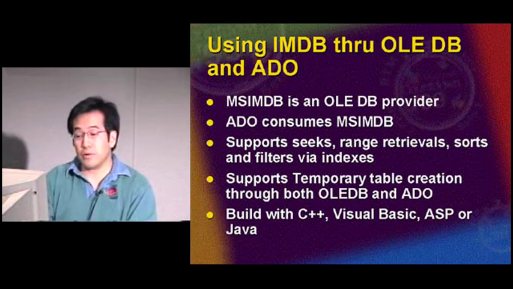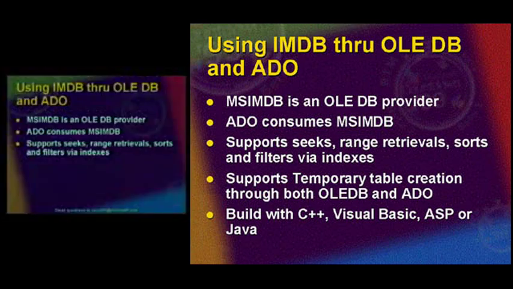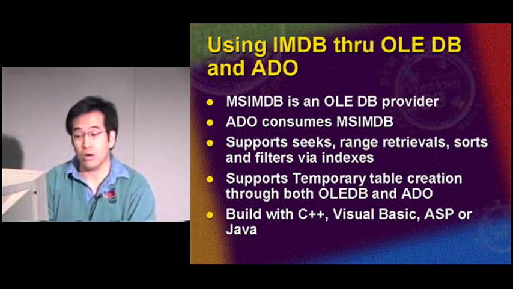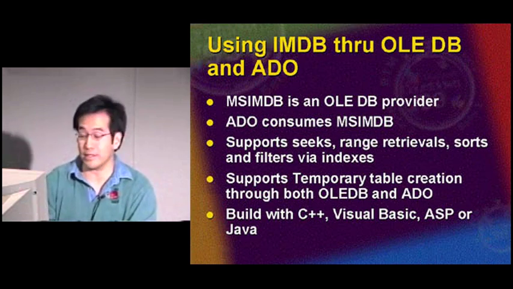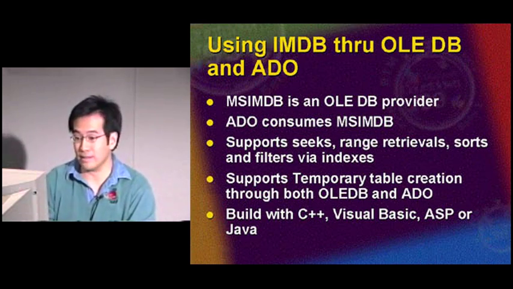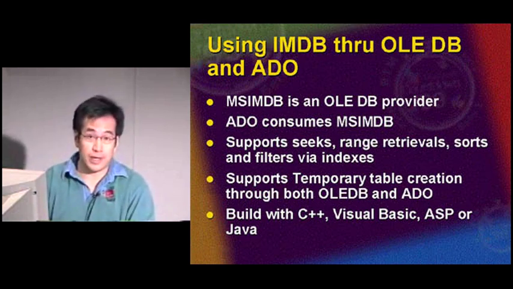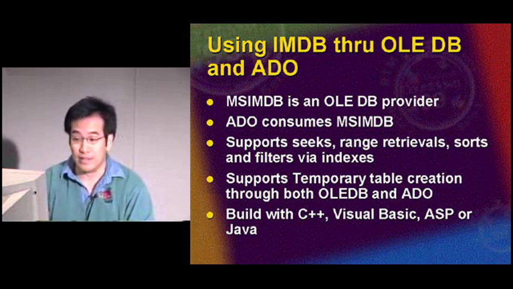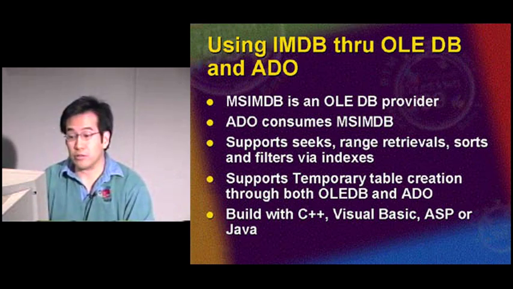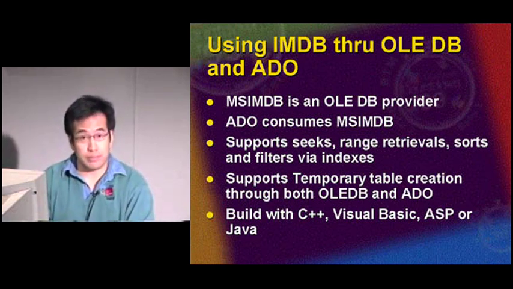We provide support for seeks, range retrievals, sorts, and filters via indexes created in IMDb cache over tables brought into IMDb cache from SQL Server and Oracle databases. In addition, IMDb can also be used as an intermediate store for information created solely within IMDb.